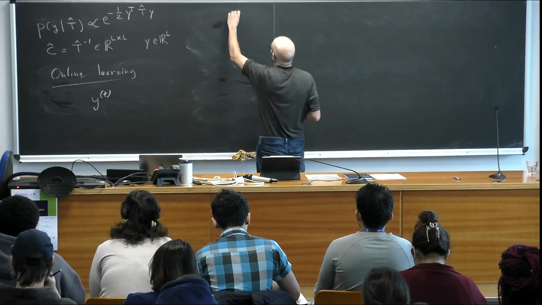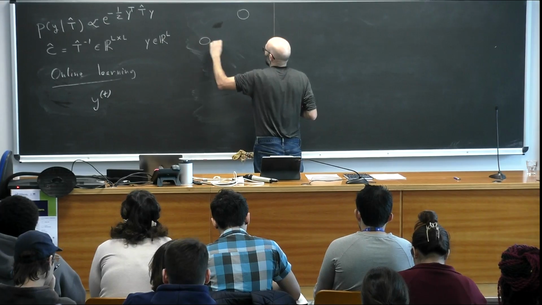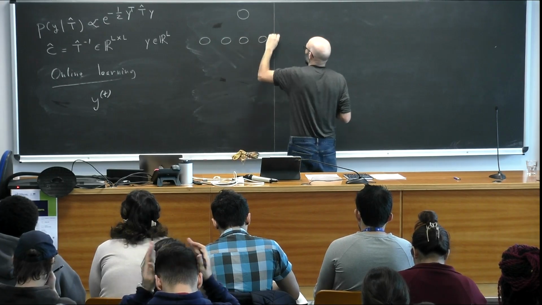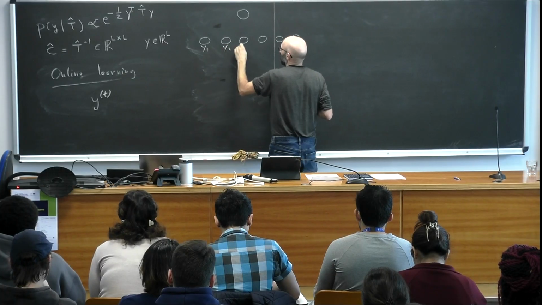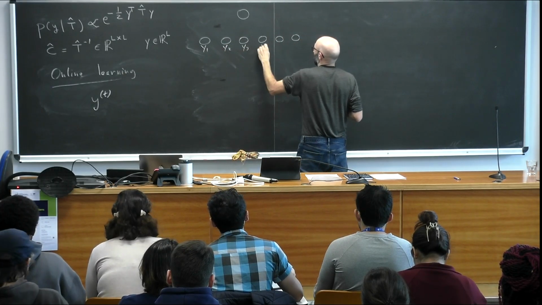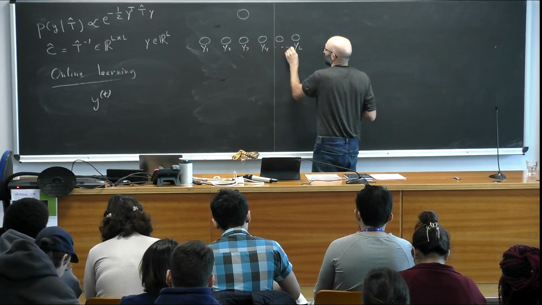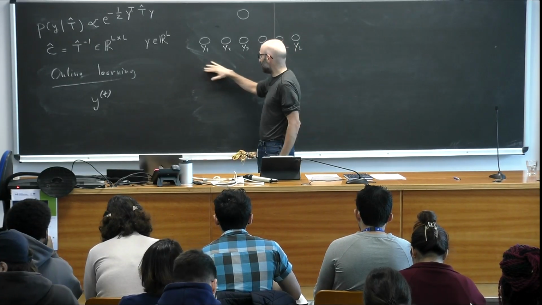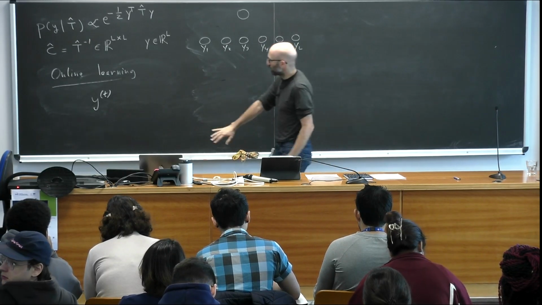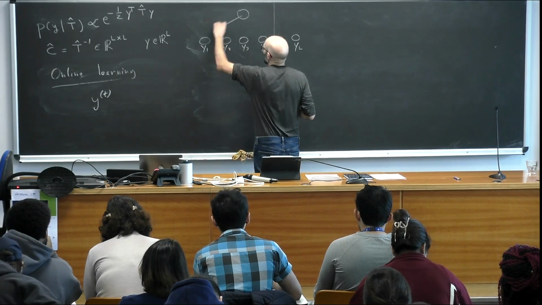So let's consider a very simple neural network where these are the y, y1, y2, y3, y4, yL. Okay, so you show the data point to a network, and the network will compute an output.